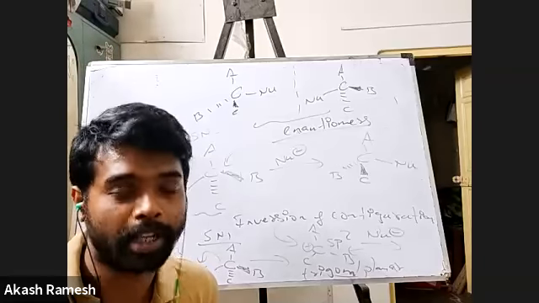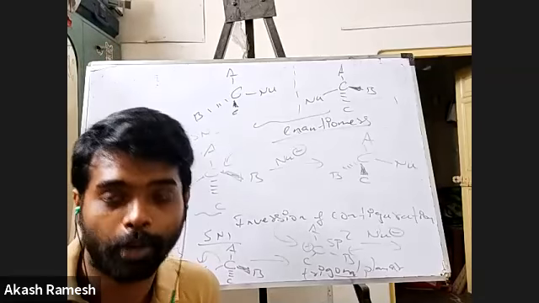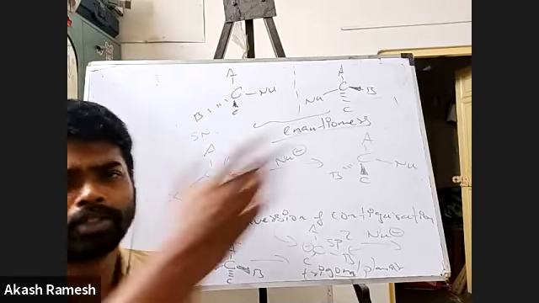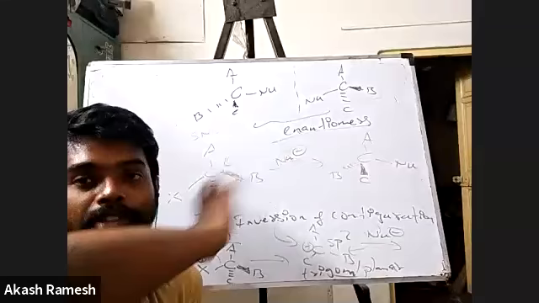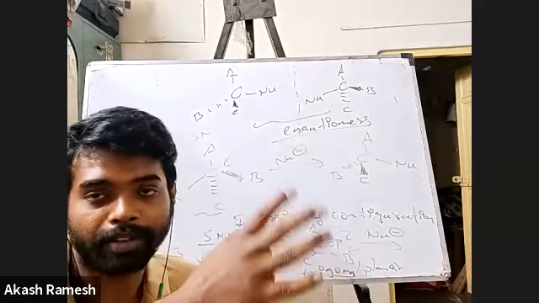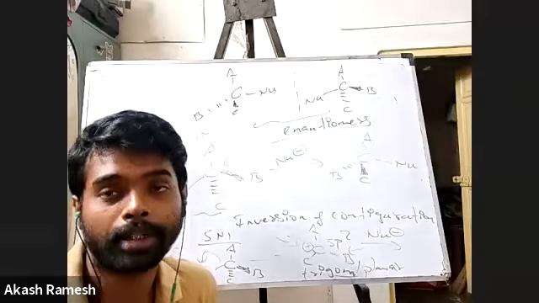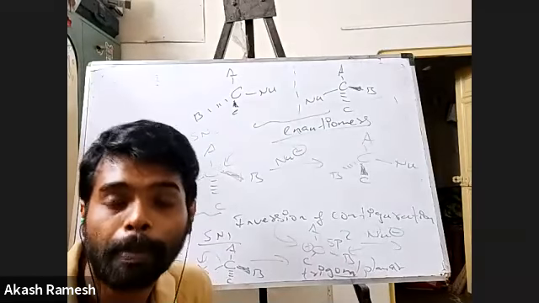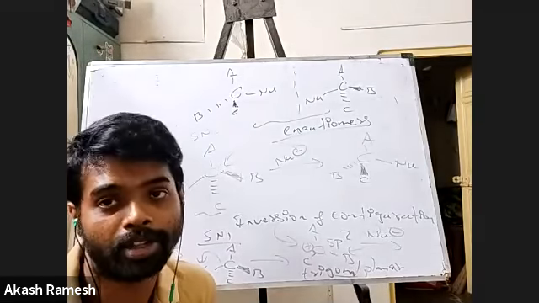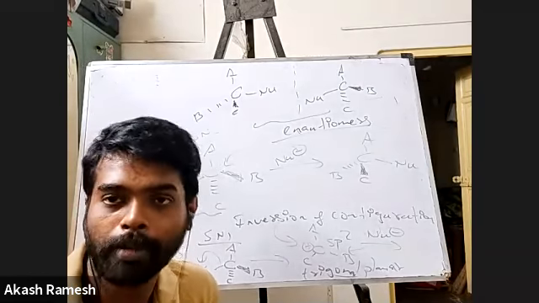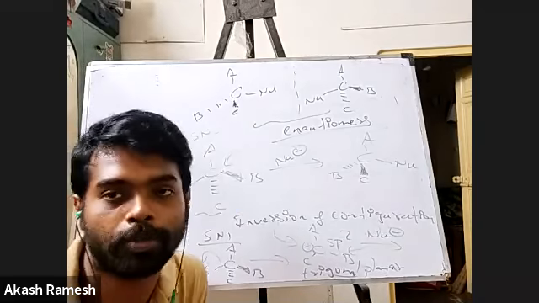Enantiomers are stereoisomers which are non-superimposable mirror images of each other. If you want to take it down, please do. Whenever the 3D arrangement is different, they are called stereoisomers. They cannot be superimposed, even if you try.